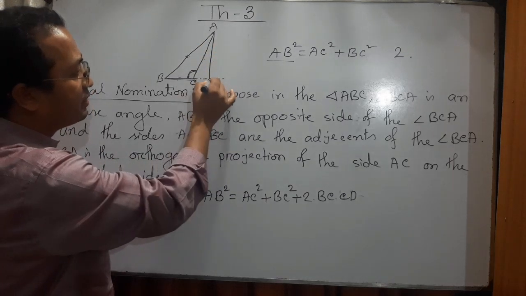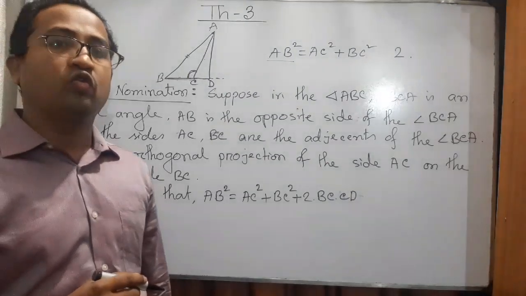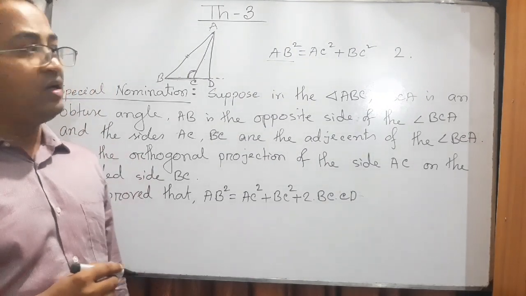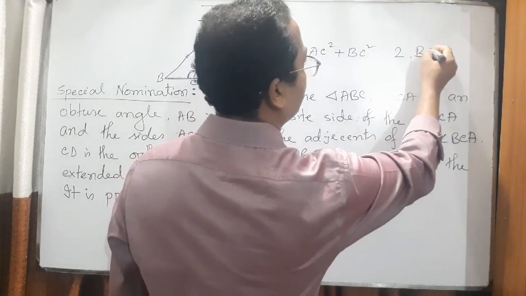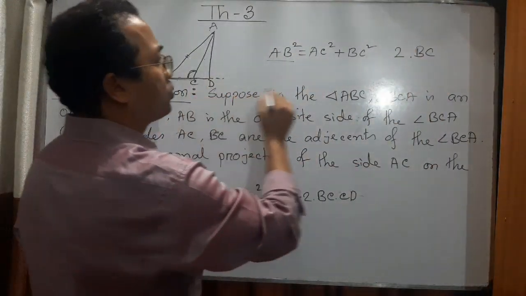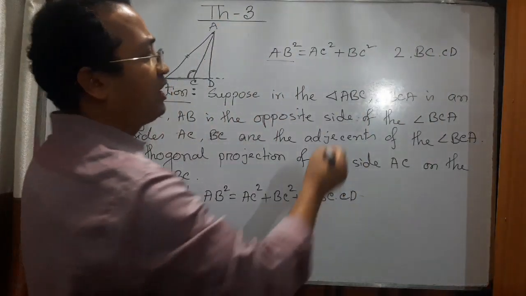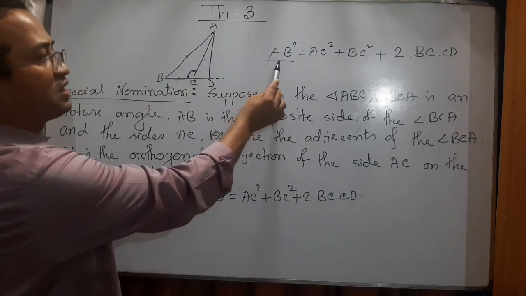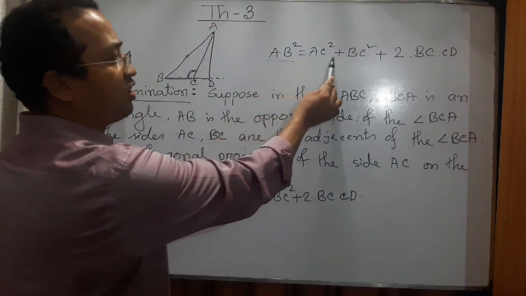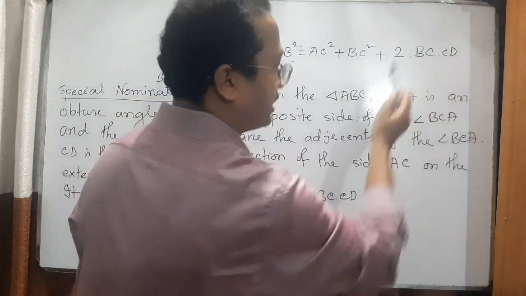Say this is D. So CD will be the orthogonal projection of AC. So here the length is BC and the orthogonal projection is CD, that is breadth, and it will be the total sum. So we need to prove AB square equals AC square plus BC square plus 2 into BC into CD.